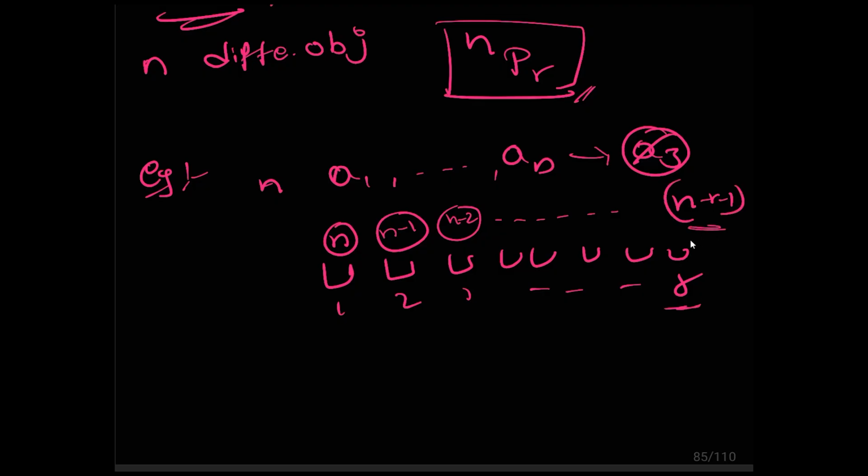So the number of ways in which you can arrange will be n into n minus 1 into so on up to n minus (r minus 1).